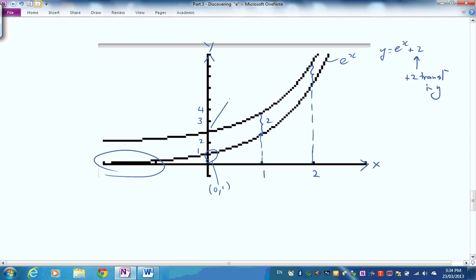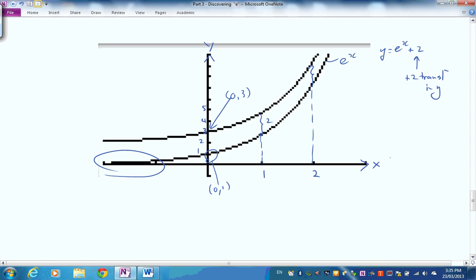So what's the new y-intercept? It's still x is 0, but up it will go through the value 3. I've labelled those incorrectly here, haven't I? Here's 1, 2, that's 3, 4, 5. So yes, you can see clearly that's a y translation of 2.